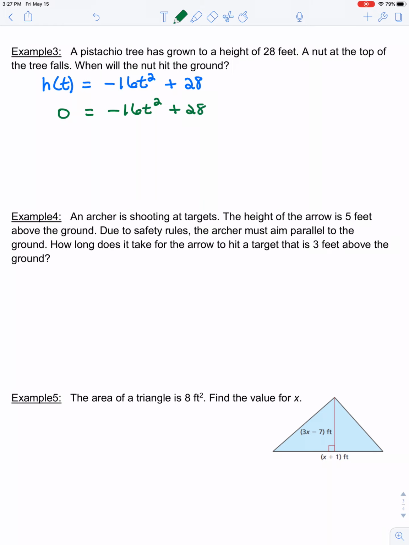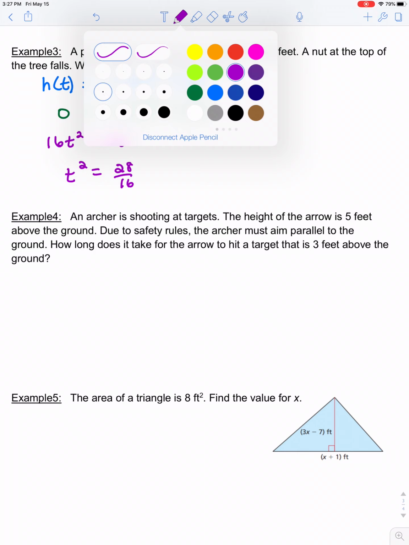And then we're going to solve for t. So if we add 16t squared to both sides, instead of using the quadratic formula, you can move the 16t squared to the other side, set it up as such, divide by 16, we'll get t squared equals 28 over 16. You can simplify that or not, your choice.